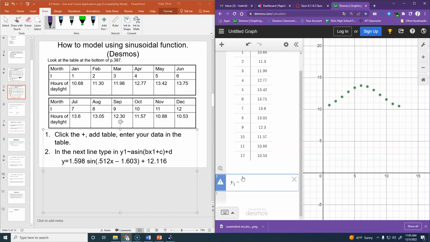I don't think we can transfer that here, but we'll look up its official name later. But let's get through. All right, a sine of bx1 plus c plus d.